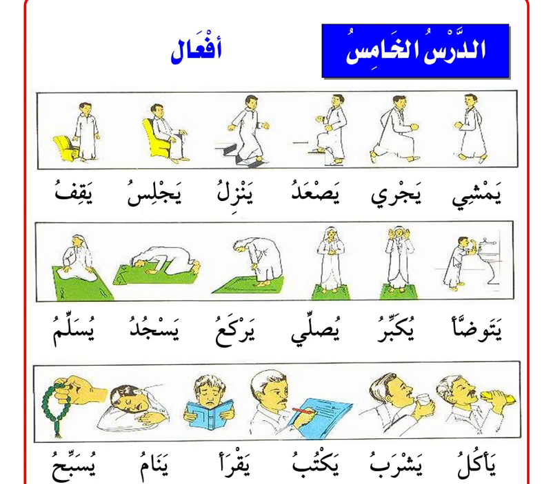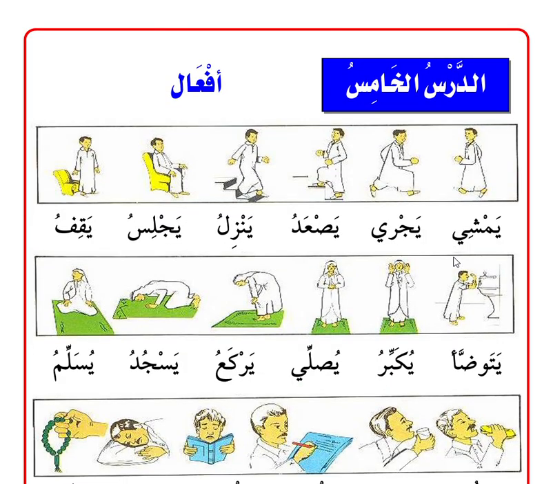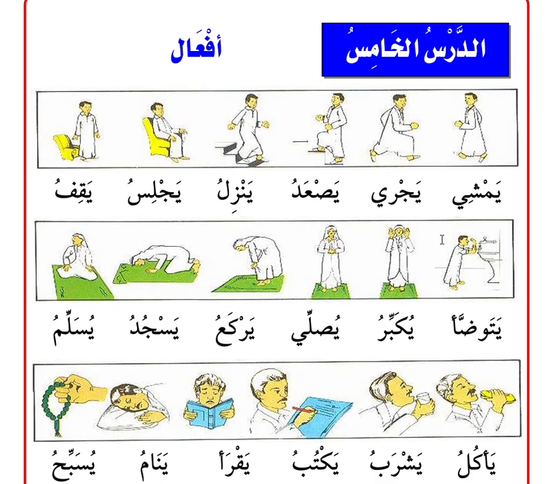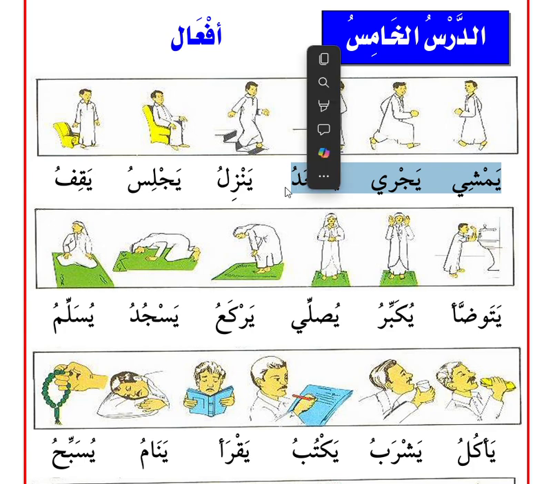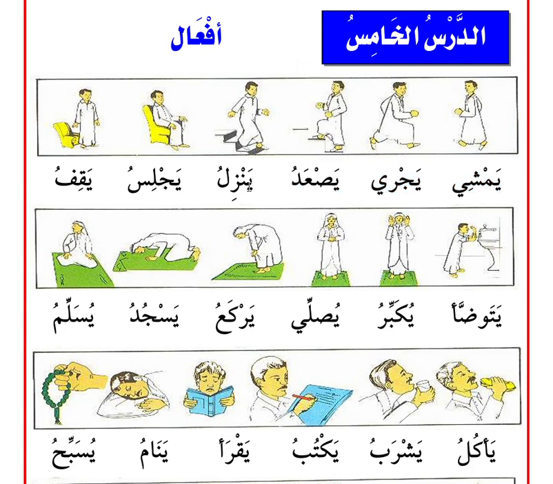So we start with the meanings. I think I already said everything that you need to know so far. So the meaning of the verbs are yamshi, he walks, yacheri, he runs, yas'adu, he goes up, yanzilu, he comes down, yajlisu, he sits, yaqifu, he stands up or he stands.